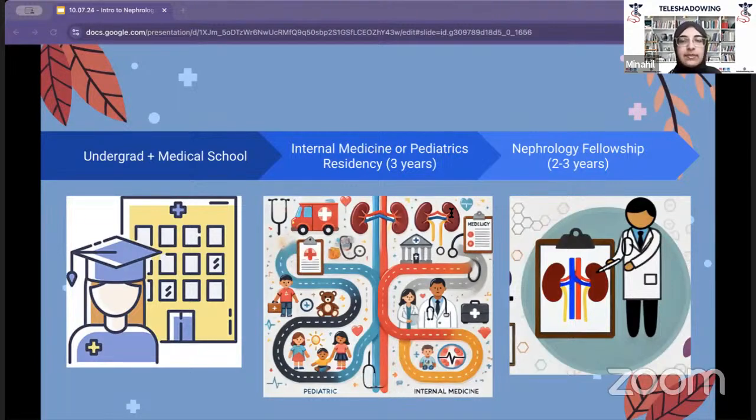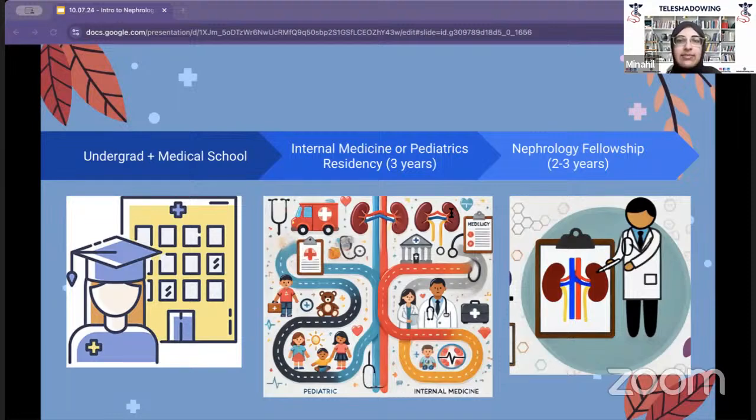I'll talk about an internal medicine residency first. It's 3 years long. You'll enter this 3 year internal medicine residency that provides training in general internal medicine, where you'll care for adult populations with a variety of medical conditions, including kidney diseases. During residency, you'll gain a foundational understanding of the kidneys and their role in overall health and well-being.